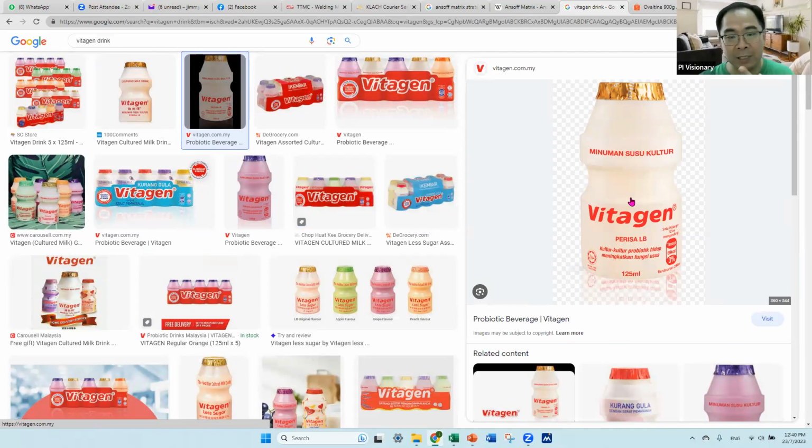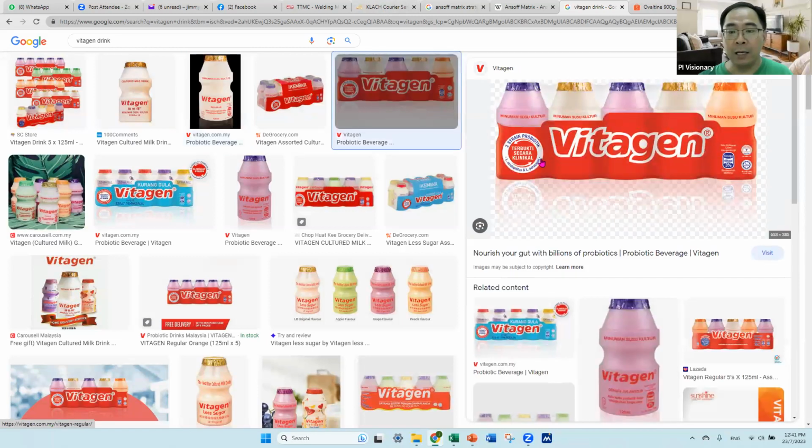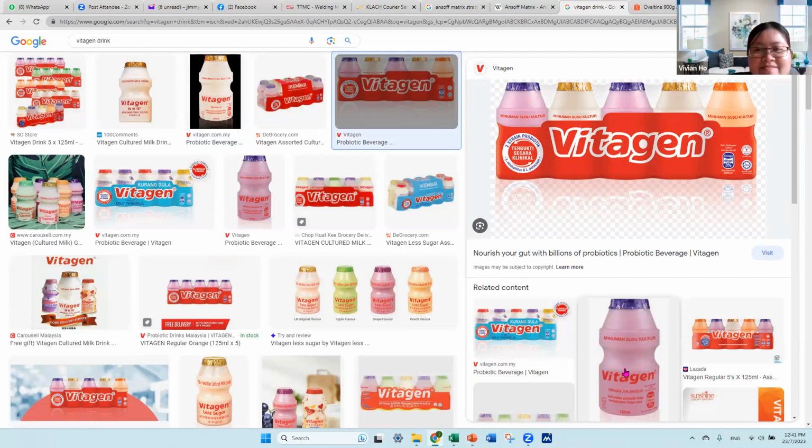You got the promotion, buy 3 free 1, buy 4 free 1 or something like this. Beli 4 percuma 1. Vitagen and Yakult are in competition lah.